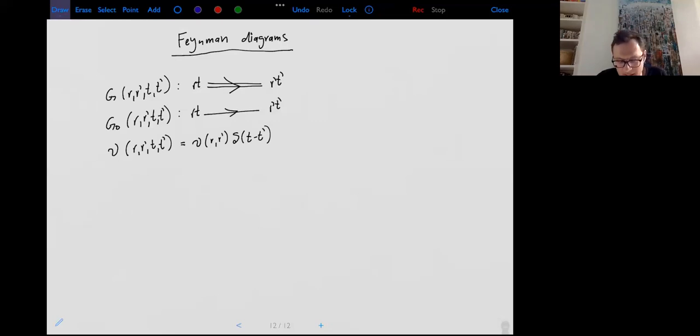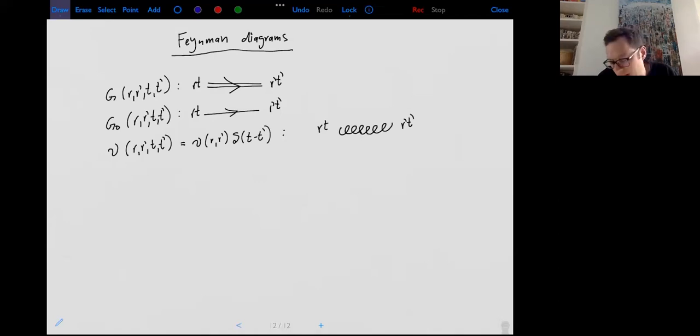So this is just a formal thing. It turns out that if you have a different kind of interaction, then you can use the same diagrams. But for now, we're not considering a time-dependent interaction, and we'll describe this interaction by a wriggly, spring-like line that connects the points r t and r prime t prime.